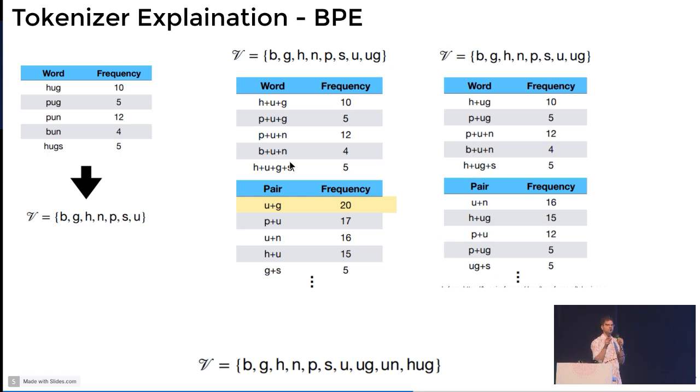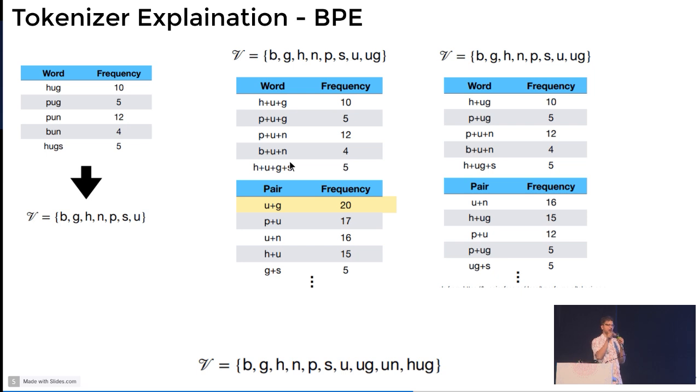So now I will pair UG and add it to my vocabulary. On the top, after adding all the unique characters, UG becomes my second addition to the vocabulary.